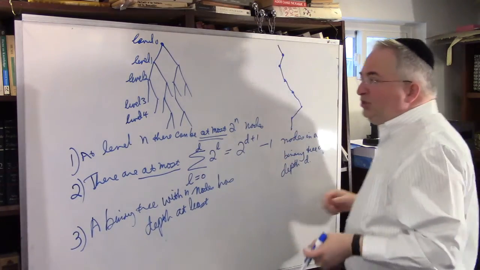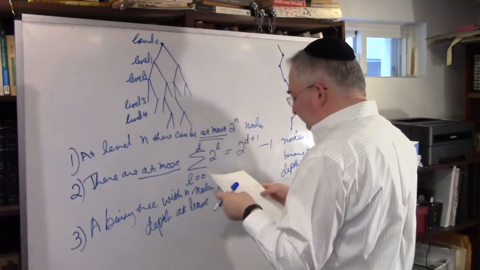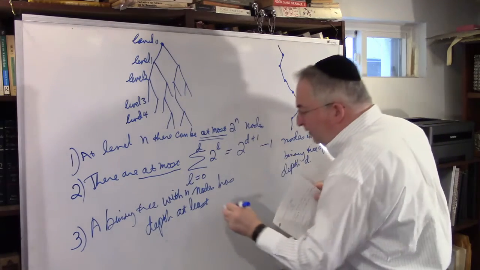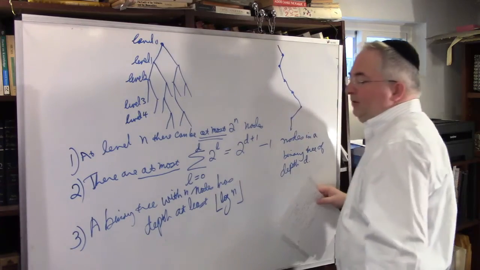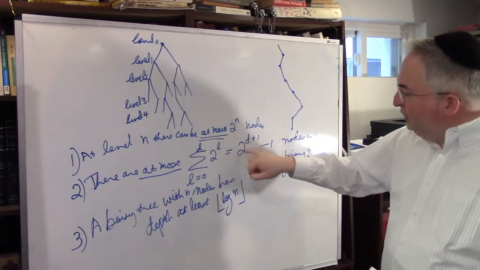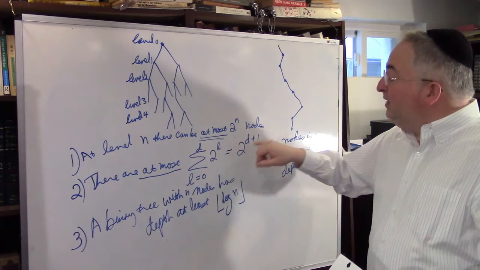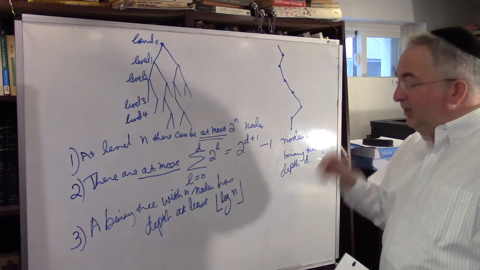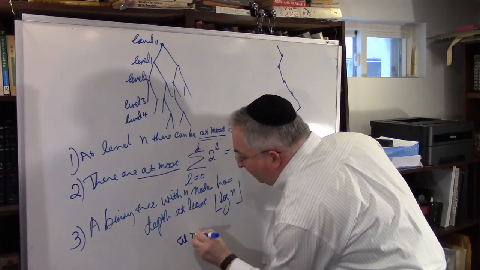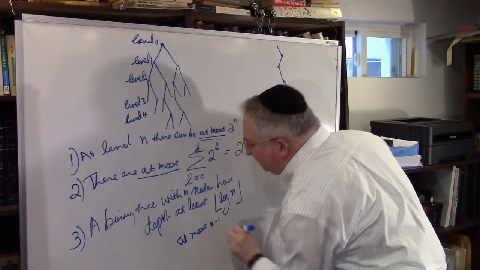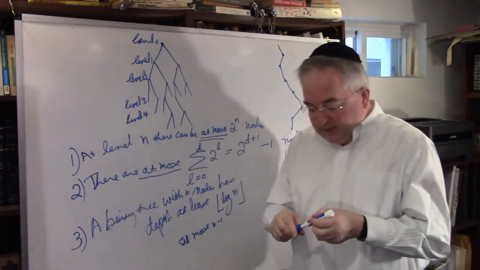Okay, and the answer is log of n. But we have to worry about the base, log base 2 of n, because that undoes this. In other words, if I give you n is equal to this, I want to solve for d, you have to take logarithms of both sides. You get log of that. Okay? And it's at most n minus 1. Okay, so these binary trees we're going to use all the time, etc., etc.